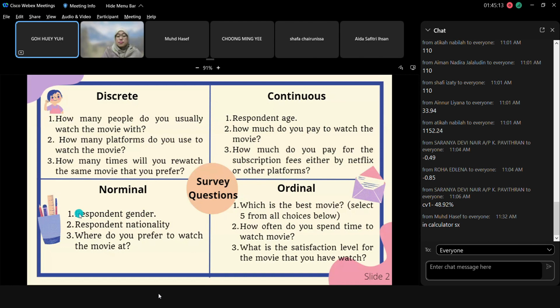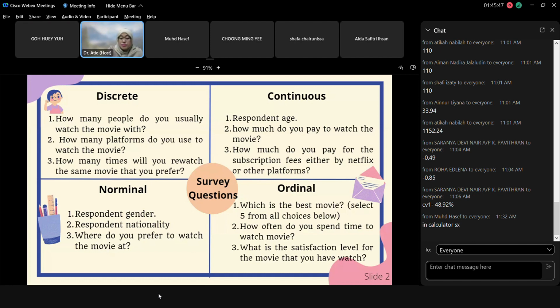For the nominal ones, the first question is the respondent's gender. The second is the respondent's nationality, and the third one is where they prefer to watch the movie. For the ordinal, the first question is which is the best movie from their perspective, and we will list down some choices for them.